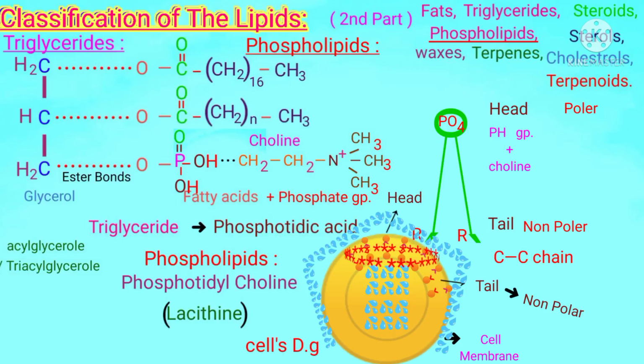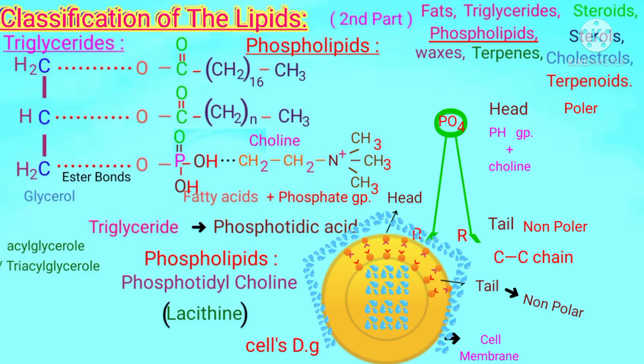So this arrangement of phospholipids gives us the fluid mosaic model, which tells us that the cell membrane is not so hard like a rope, nor so dilated that it flows out. This is a very unique property of the cell membrane due to the presence of phospholipids. Students, additional properties will be mentioned in the future.